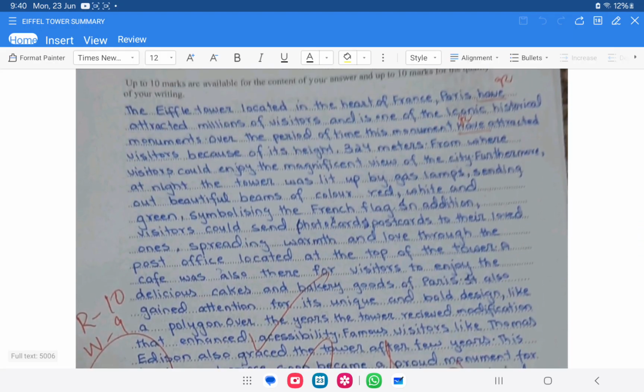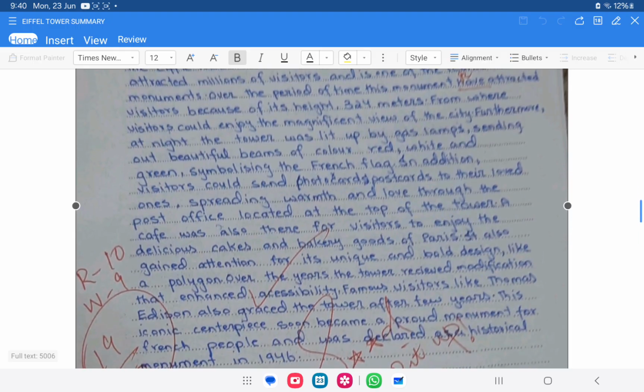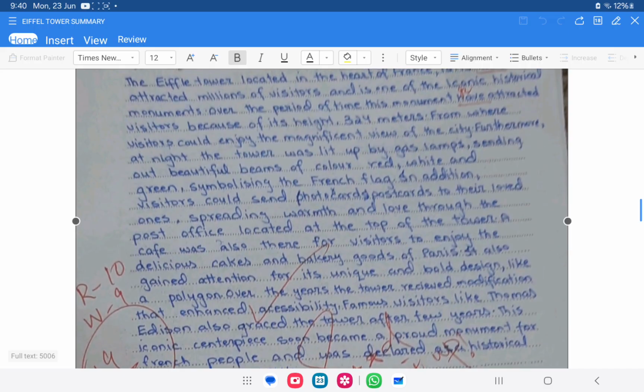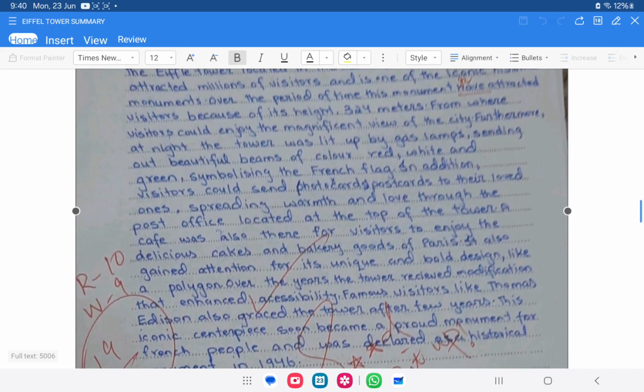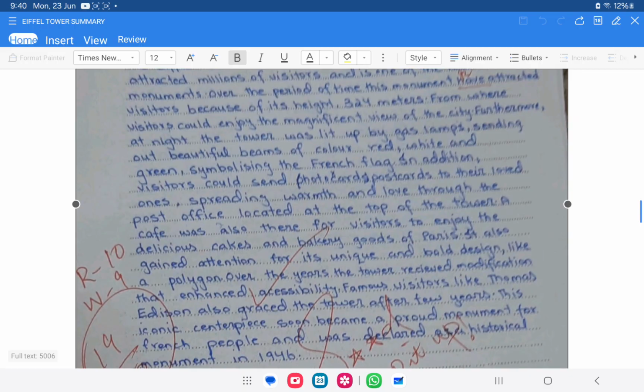The Eiffel Tower, located in the heart of France, Paris, has attracted millions of visitors and is one of the iconic historical monuments over the period of time. This monument has attracted visitors because of its height, 324 meters, from where visitors could enjoy the magnificent view of the city.